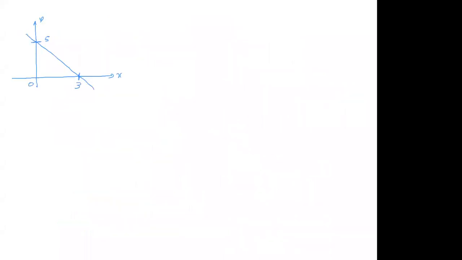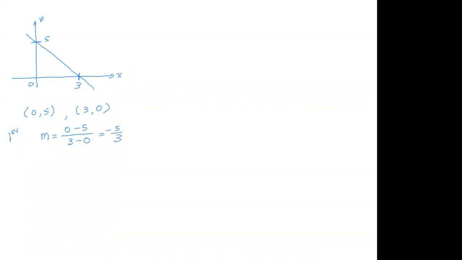So you jot down the two points, (0, 5) and (3, 0). First step, get the gradient: 0 minus 5 divided by 3 minus 0. So I got -5 over 3.